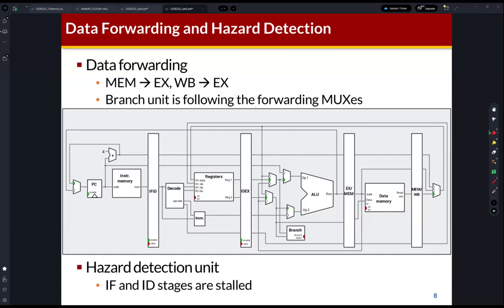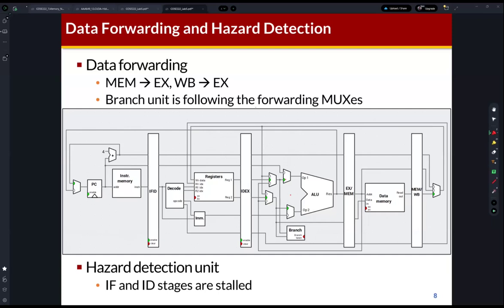But the data forwarding and the hazard detection and hazard control are the tricky part, the pipeline design. As you can see, the data forwarding muxes are in front of the ALU input.